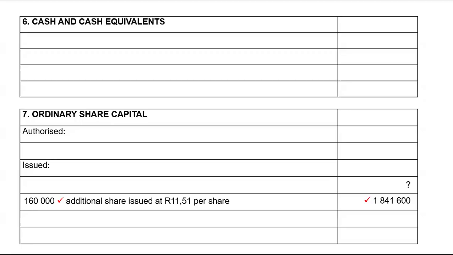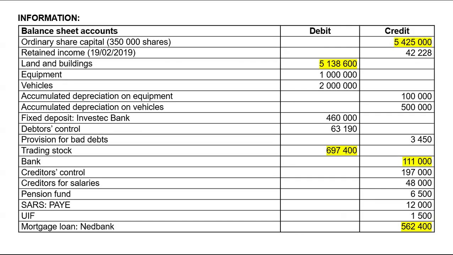But now I'm going to struggle to get my APPS. So I won't get the capital amount for that. They did not say these transactions were not recorded. And since they said nothing, we know that they've been recorded already. I'm going to go to my ordinary share capital amount at the end, which was given to us as 350,000 shares, and the share capital was 5,425,000.